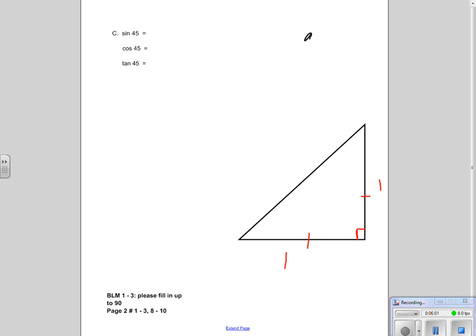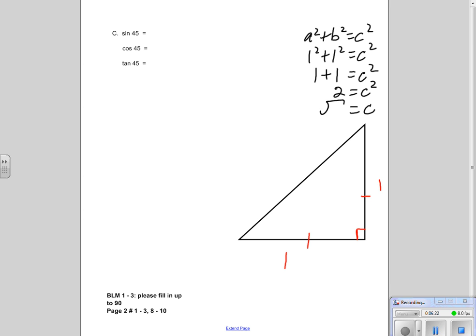A squared plus b squared equals c squared, where both the shorter sides are 1, and I am trying to determine the longer side. I would set it up like that. 1 squared is 1, and 1 plus 1 is c squared. C squared is equal to 2. I'm looking for a length, so I'm going to take the positive square root of both sides. C is the square root of 2, which is not a pretty decimal, so I'm going to leave it like that because it's so exact. Root 2.